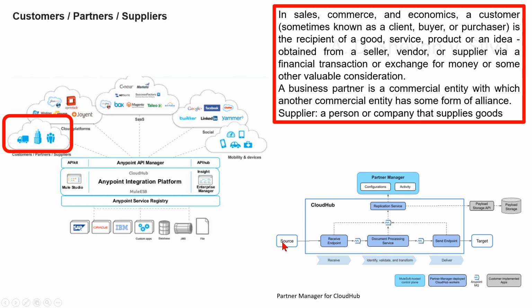Here you can see the source is connected to the receive endpoint, replication service, receive endpoint, document processing service, and send endpoint, and the MQs are in CloudHub here. The receive endpoint is connected to Anypoint MQ, and Anypoint MQ is connected to the document processing service.